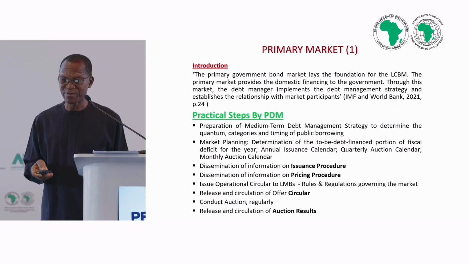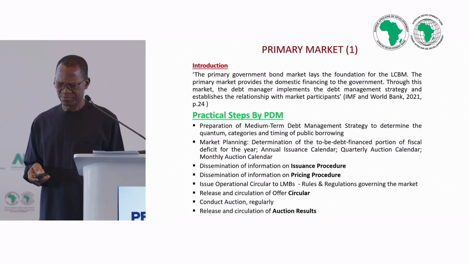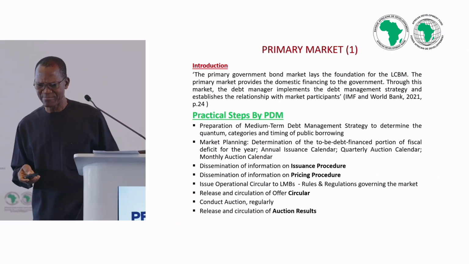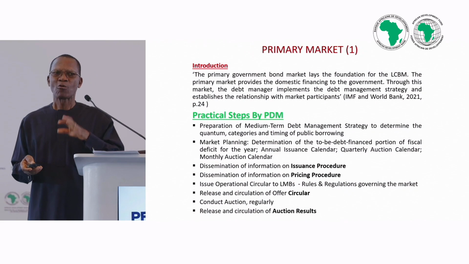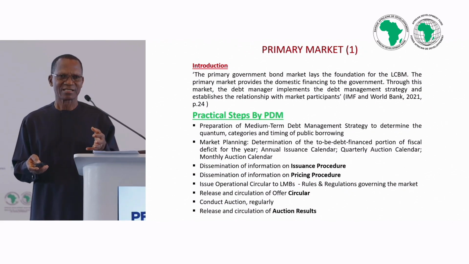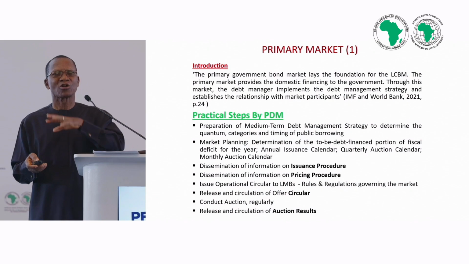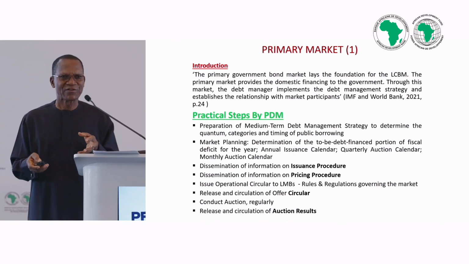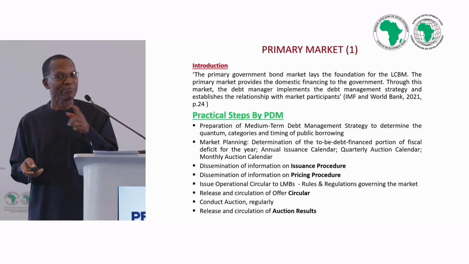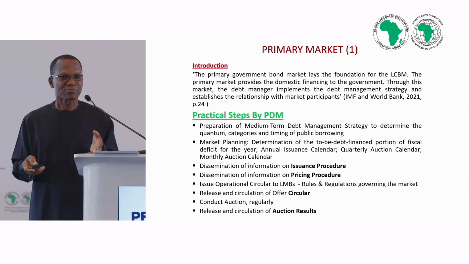Now, there has to be market planning in determining what is the fiscal deficit to be covered. And you have to know that it's not all the fiscal deficit that is always covered by borrowing. Sometimes part of the fiscal deficit is covered by extraordinary items.